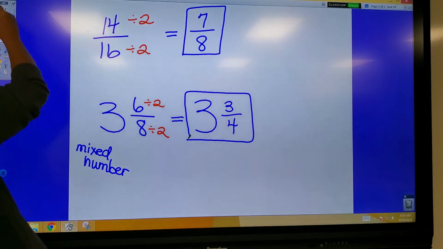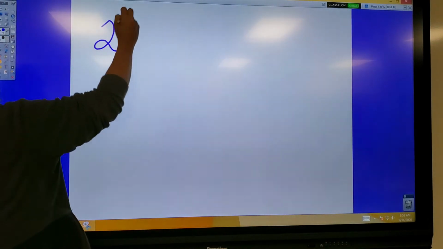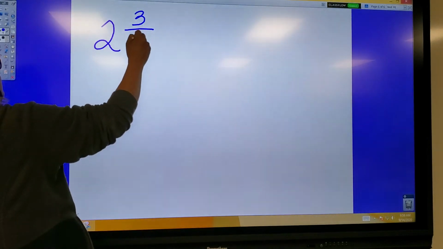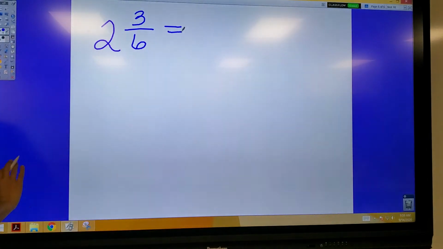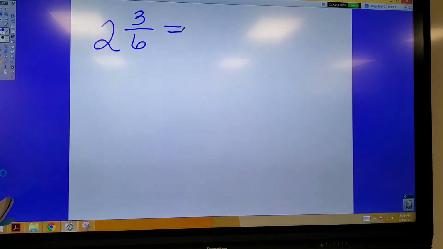Why don't you try one of those? Let's say you had 2 and 3/6. What is an equal fraction, a simplified fraction for 2 and 3/6?